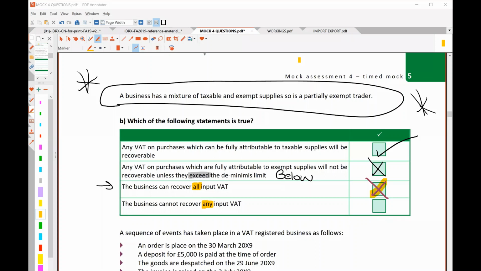So the correct answer, as you all quite rightly said, is false. Right then, are we okay so far?